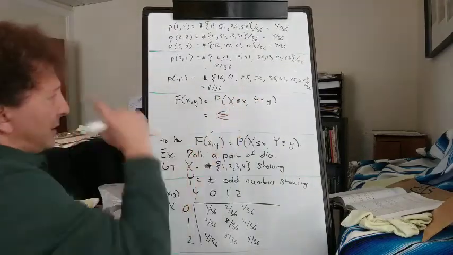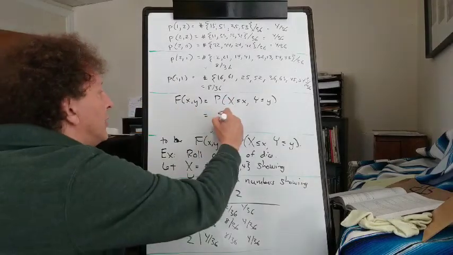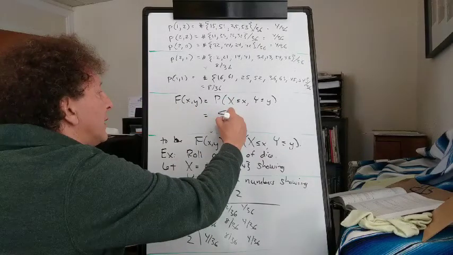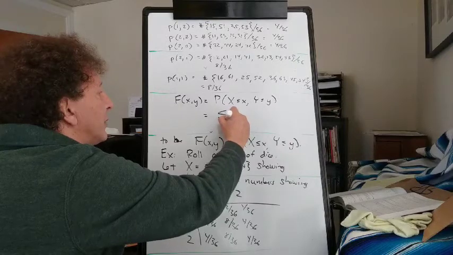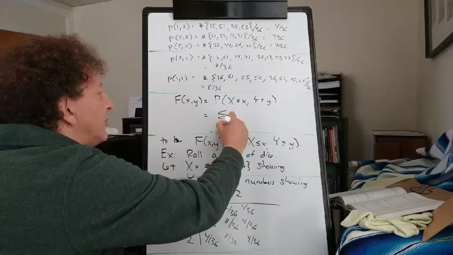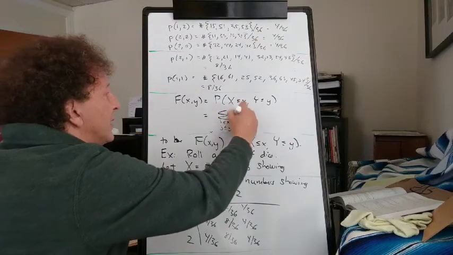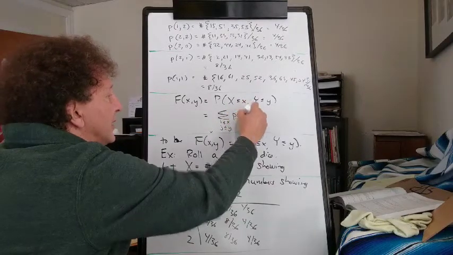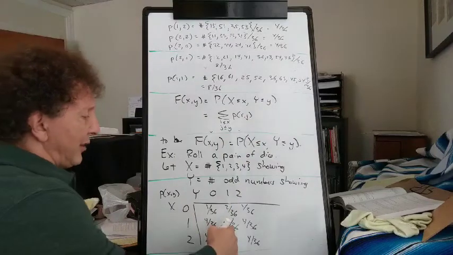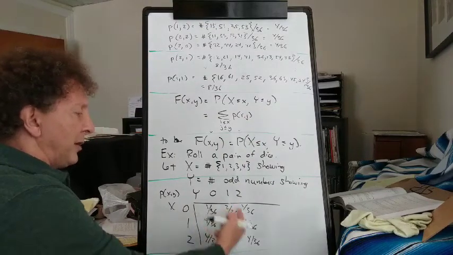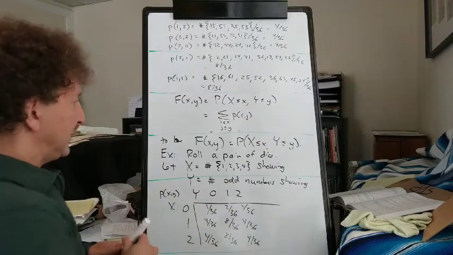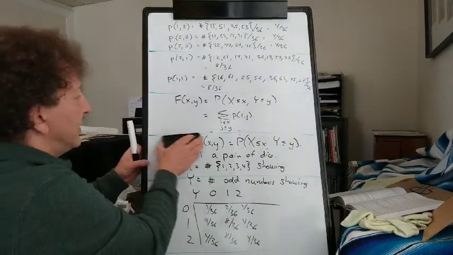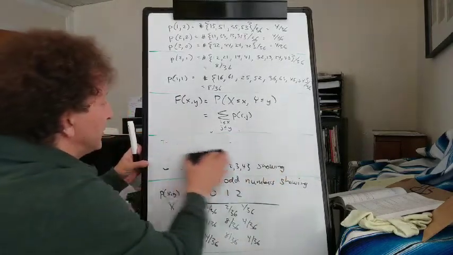So that's the sum over all i less than or equal to this value x and j less than or equal to this value y of p i j. So basically for any entry in this table we're summing everything above and to the left of it. So let's make a new table for the cumulative distribution function.